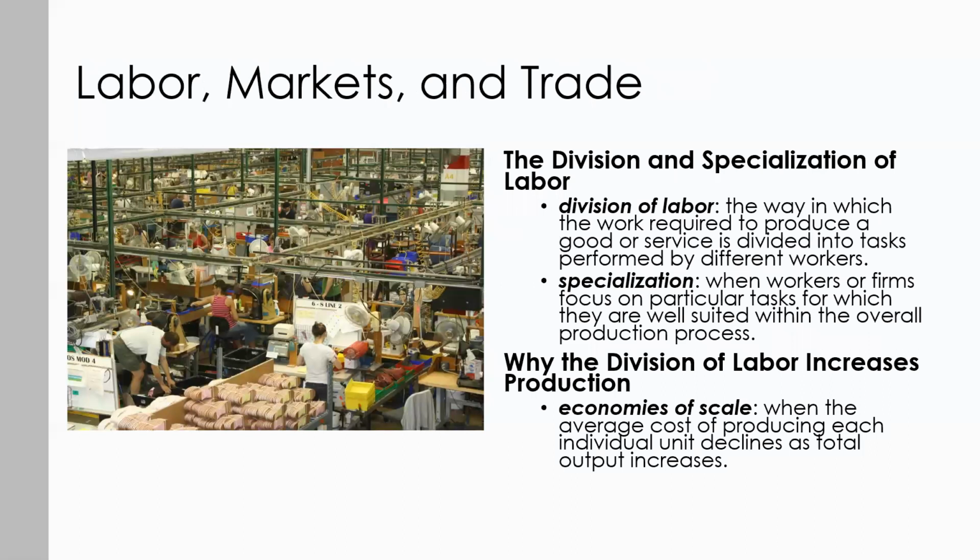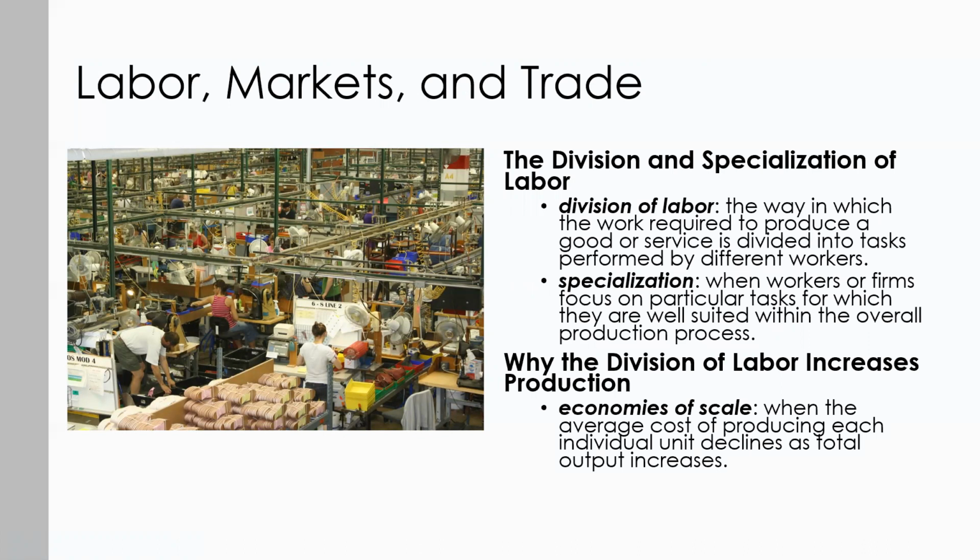Okay? And as to labor, market and trades, the division and specialization of our labor, you have here. As to division of labor, the way in which the work required to produce a good or service is divided into tasks performed by different workers.